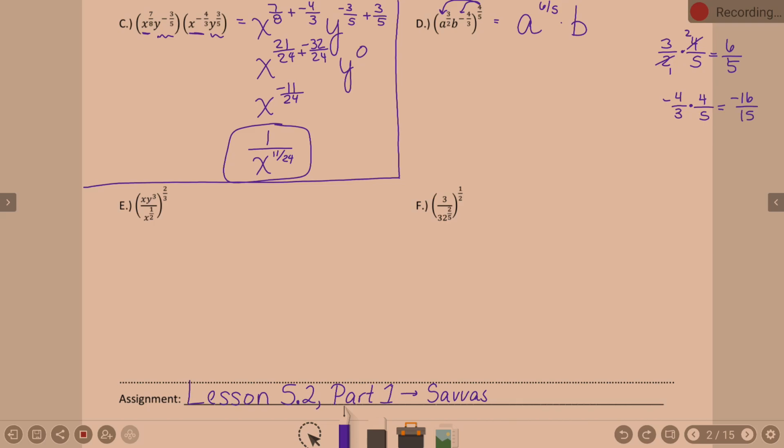Negative 16/15. Okay. Next step. We're almost there, actually, but we can't leave it in this form. Simplify.